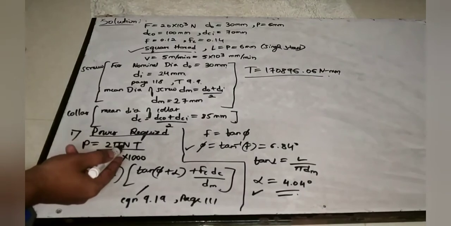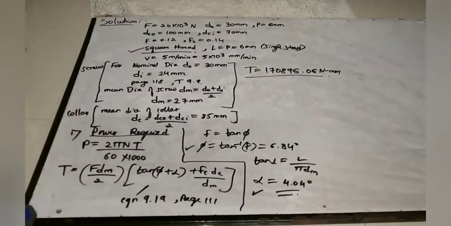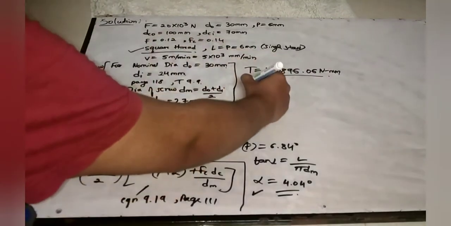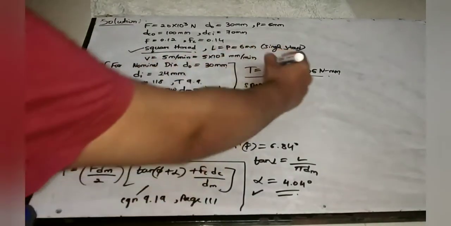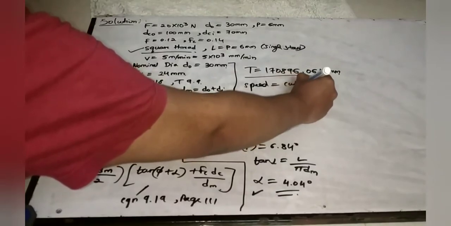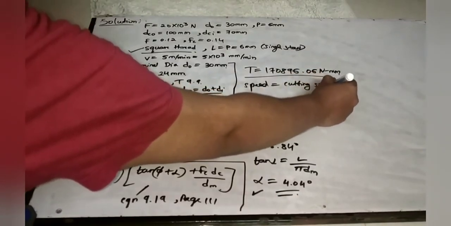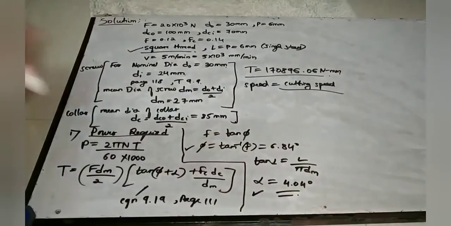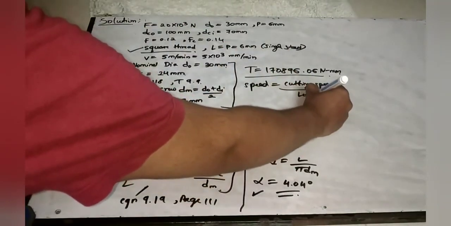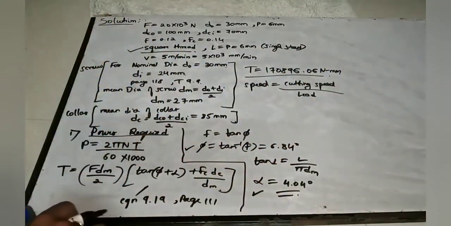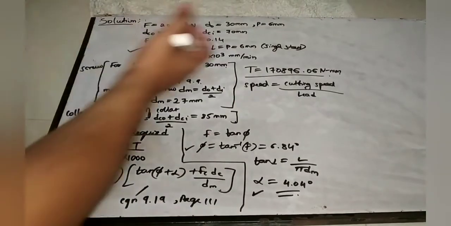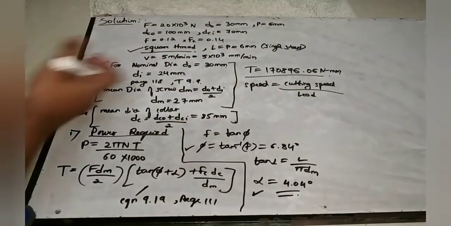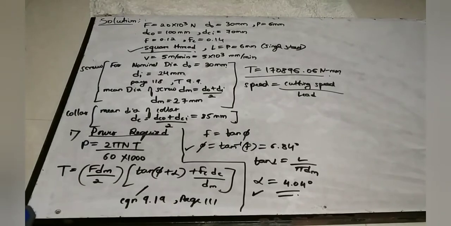Now N directly it is not given. So speed equal to, but cutting speed is given, no? Cutting speed, if you divide this cutting speed by lead, the distance traveled by this nut for one revolution, you will be getting RPM, right?